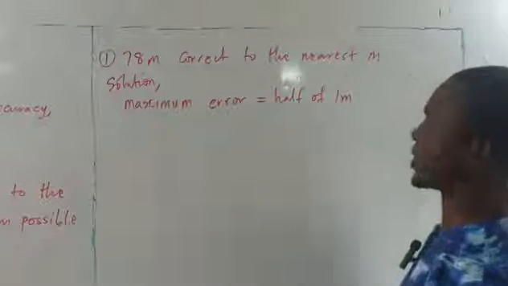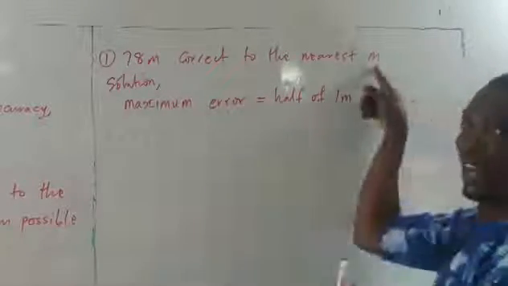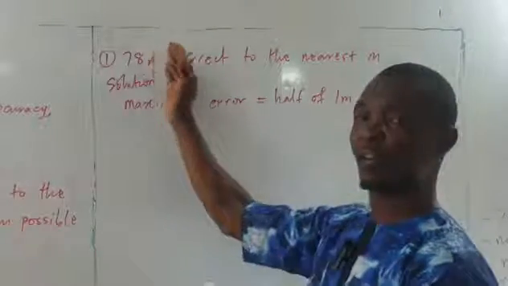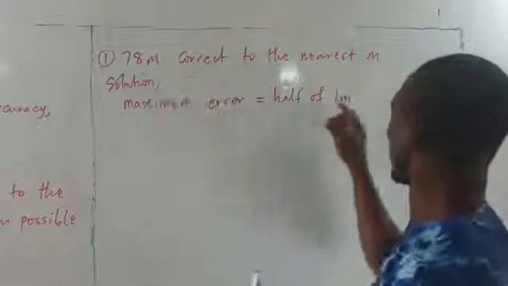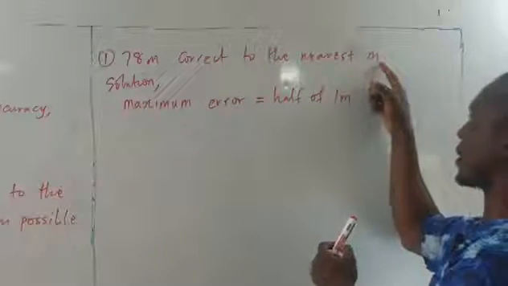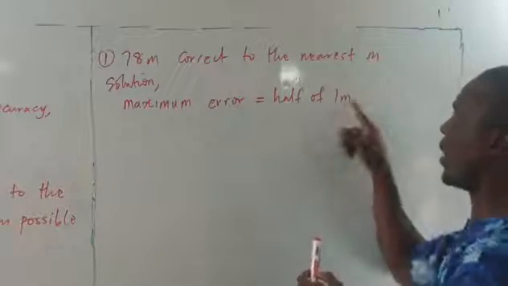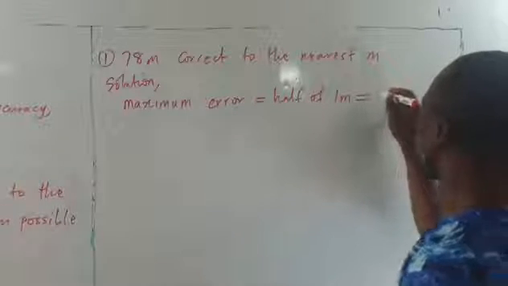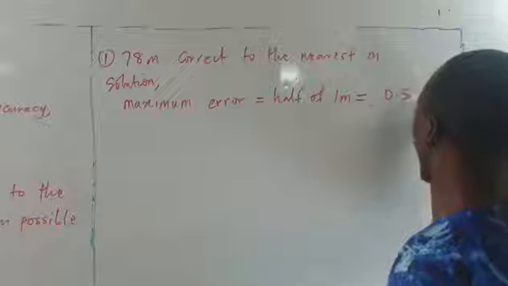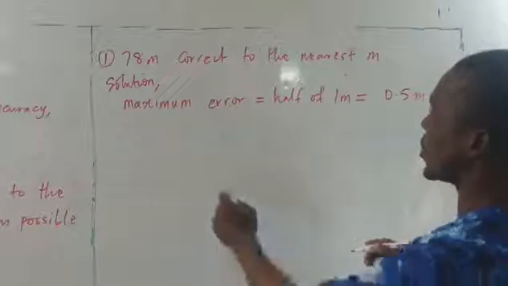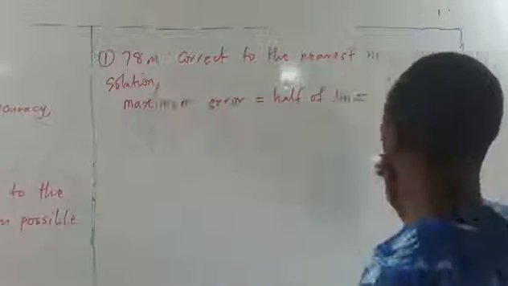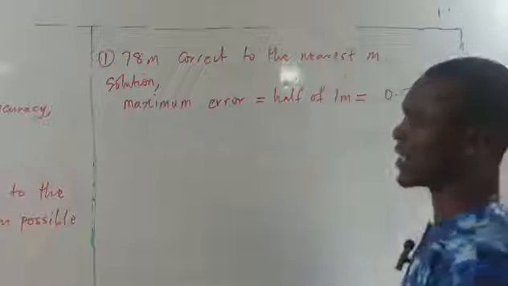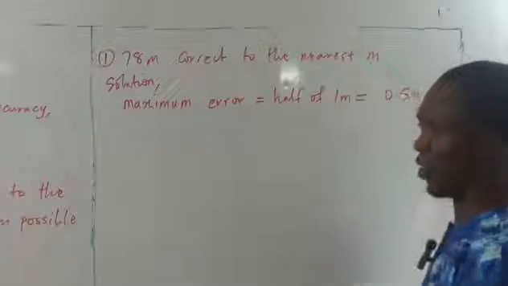How do we get the 1 meter? Because we are correcting to the nearest unit, and we have meter here, which is 1. So we have half of 1 meter, and half of 1 meter is equal to 0.5 meters. So that is the maximum error.